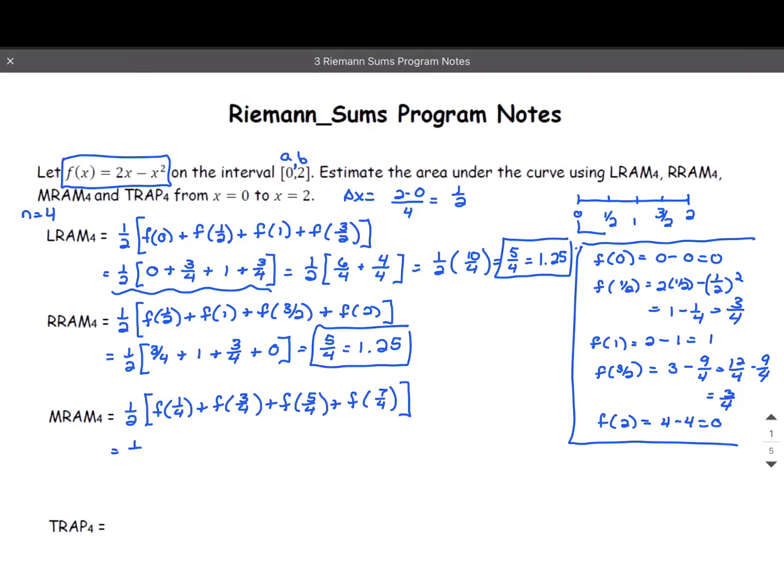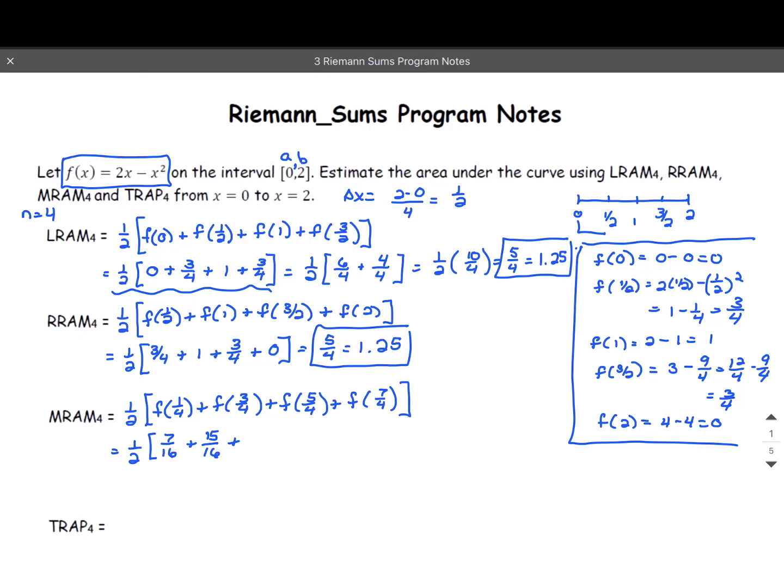Let's go through. If you want to use your calculator to compute, let's see, we're going to do 2 times a fourth minus a fourth squared. We're going to get 7 over 16, plus f of 3/4. We're going to do 2 times 3/4 minus 3/4 squared. We're going to get 15 over 16. f of 5/4. We're going to do 2 times 5/4 minus 5/4 squared.